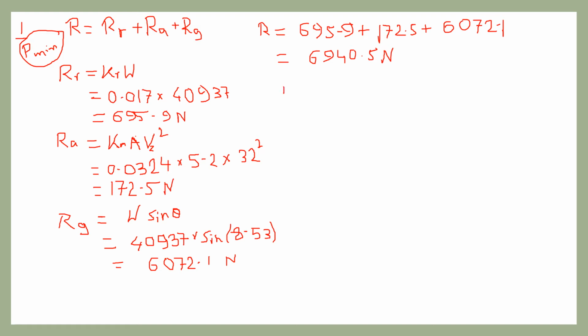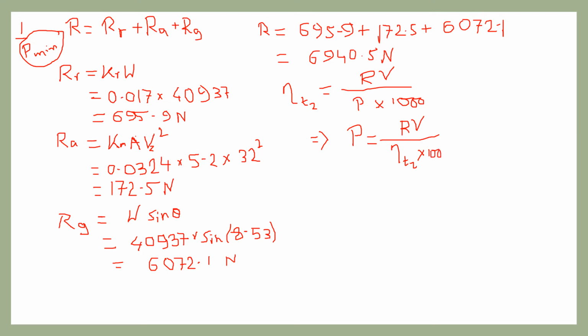So from the equation of the transmission efficiency in second gear, which equals R into V divided by P into 1000, we get P equals R into V divided by transmission efficiency in second gear into 1000.